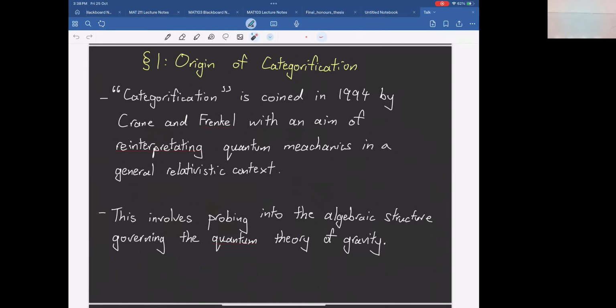This word was coined in 1994, the same birth year as mine, by Crane and Frenkel, for reinterpreting quantum mechanics in a general relativistic context. So actually these ideas came from physics. This involved probing into the algebraic structure that governs the quantum theory of gravity, basically quantum gravity.